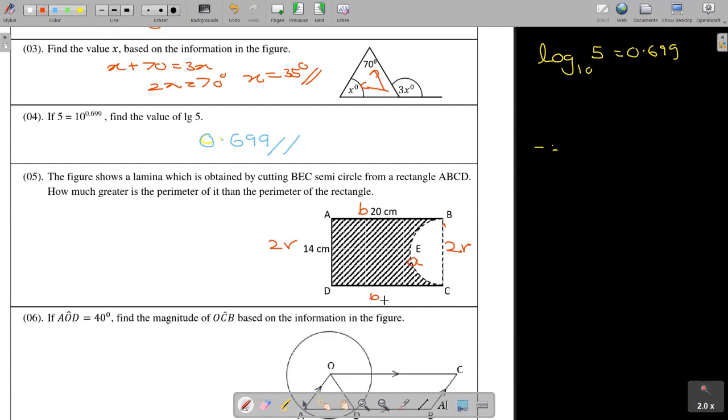Arc length I will take as A. So the perimeter of this, the cutting part, is 2B plus 2R plus A.